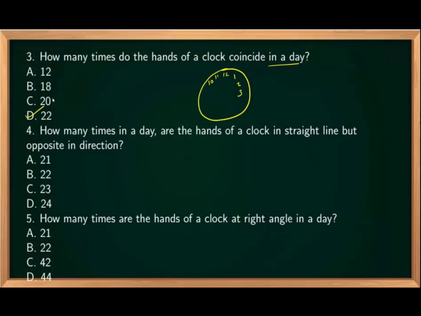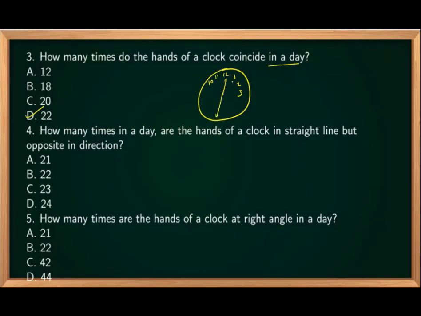Okay, let's discuss. Same here only. After 12, the hour hand and minute hand will be in a straight line, after 12:30, let it be 12:33, like that.